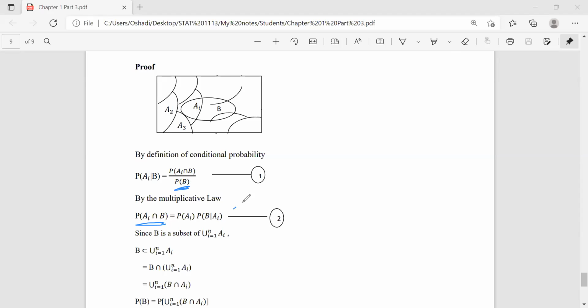And we know that B is a subset of the union of Ai. The union of Ai is the sample space, right? So B is inside the sample space, so it should be a subset of the union of Ais, right? So we can write B is a subset of the union of Ai.